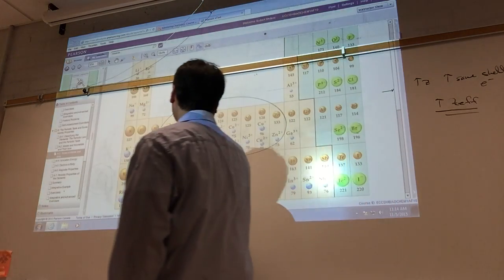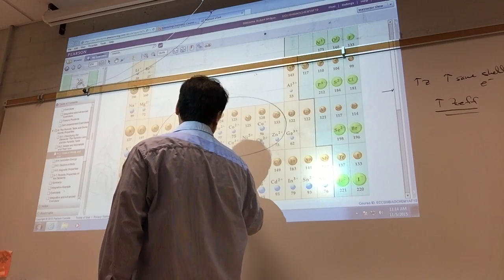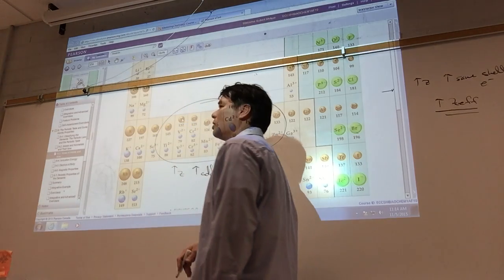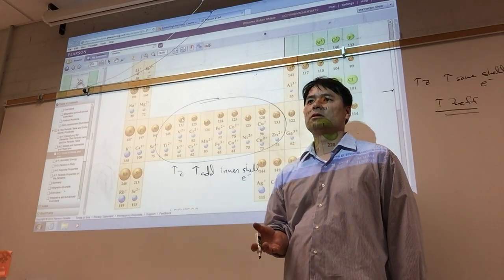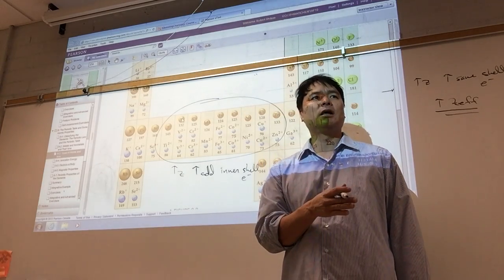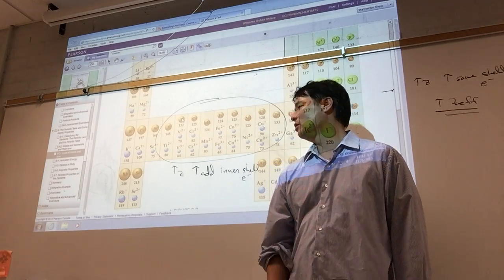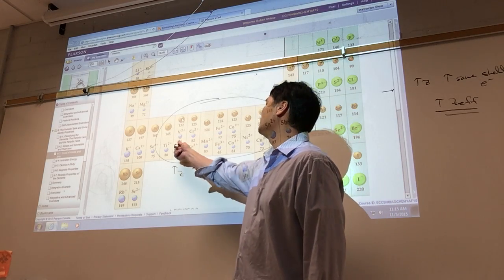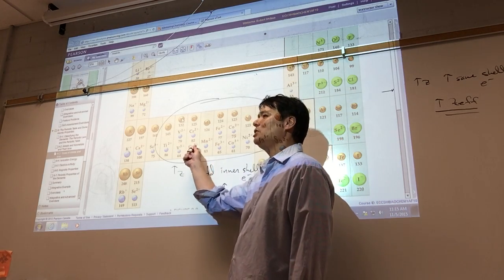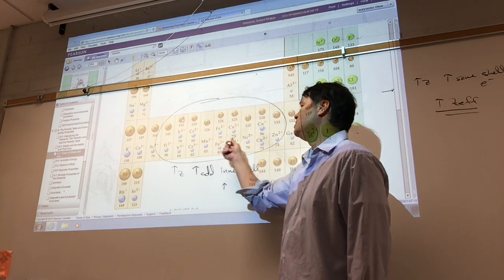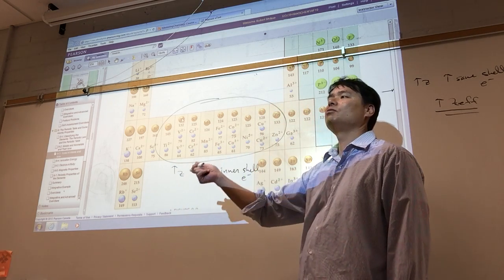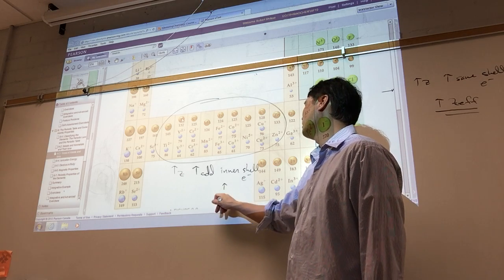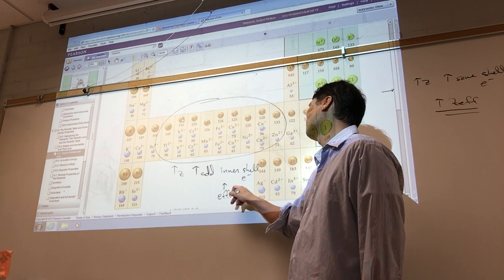And so when we add, we're adding an inner shell electron. Inner shell electrons are effective shielders. They can block the outer shell electron from seeing the full nuclear charge. And so what happens here is that, yes, we're increasing Z, but Z effective is not changing because each time in the d block we add a proton, we add an inner shell electron. And so these are effective shielders.